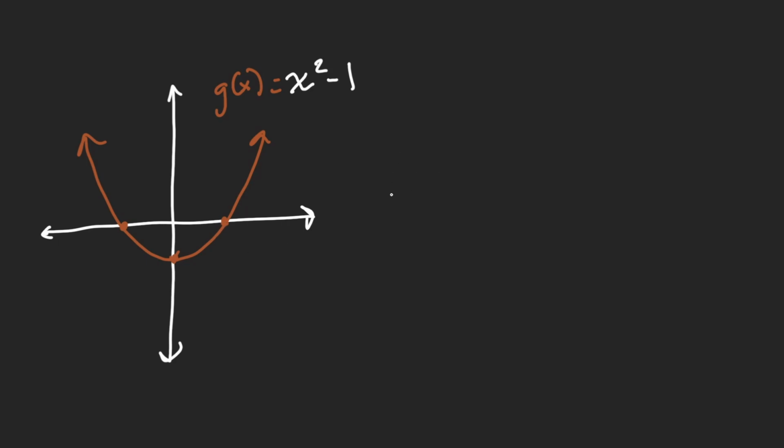For any of these points, let's practice actually. So let's say limit as x approaches 1, limit as x approaches 0, limit as x approaches negative 1, limit as x approaches 2.